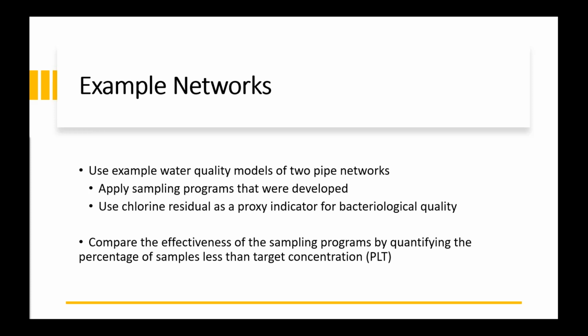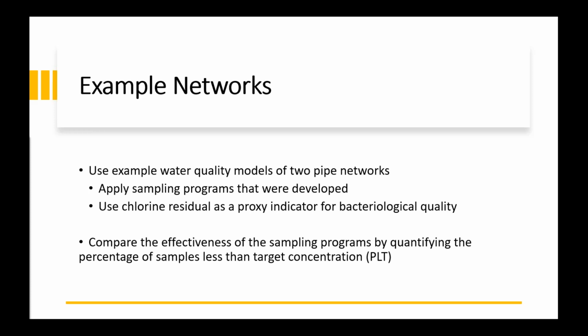And even though I've been mostly referring to the total coliform rule, there is typically a requirement that disinfectant residual has to get measured along with any total coliform measurements. So I use chlorine residual as a proxy indicator for bacteriological quality for these 2 networks that I'm working with.